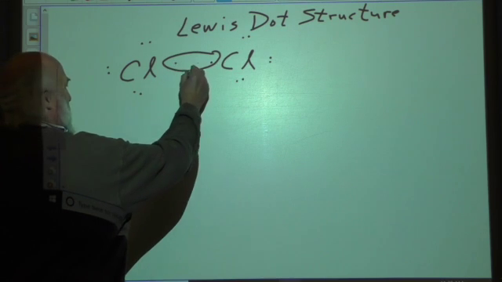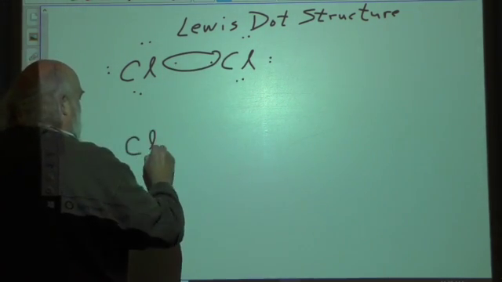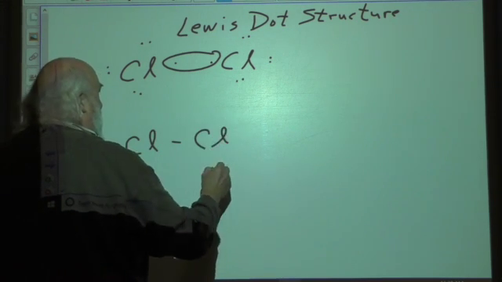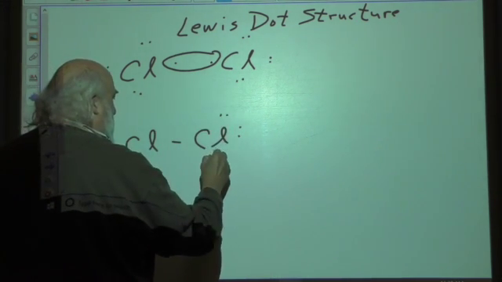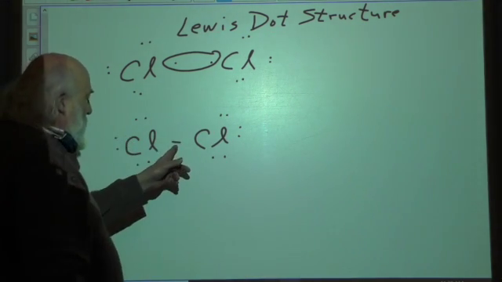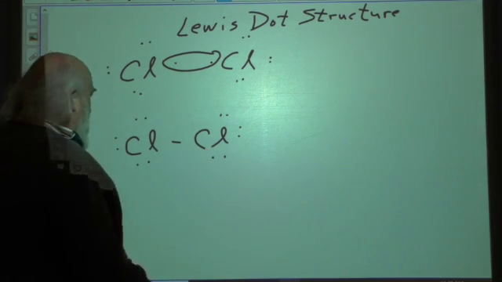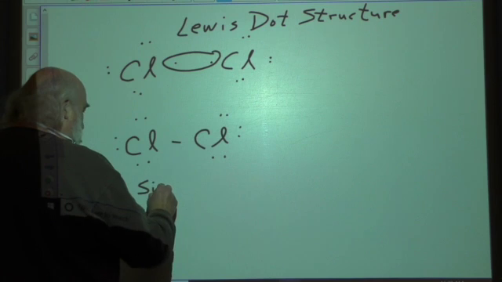And the line represents the fact that we are sharing a pair of electrons right here. So we rewrite it like this. And then we have to include all unshared pairs of electrons around it, knowing that this represents 2 electrons right here. Okay? We call this a single bond.